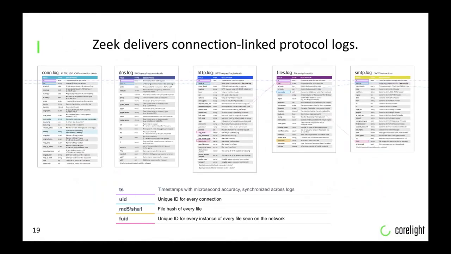So let's double click a little bit here on these logs. I mentioned these are rich logs that are linked by connection. If you think about it, a lot of logging in the network space is appliance-oriented logging, which means the logs generated off of something like your mail server are oriented around the operation, performance, and whatever characteristics you're interested in about the physical appliance.